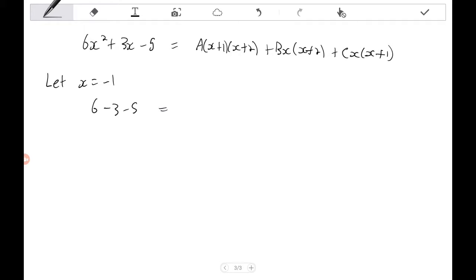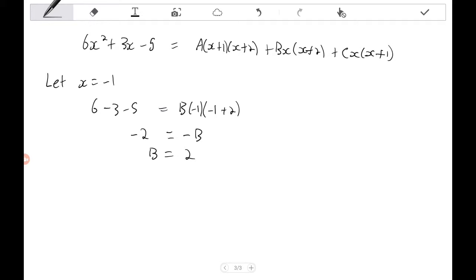Likewise, this bracket here goes to 0, so this whole term is 0. It's only this one that gets left, and we get b times minus 1 times minus 1 add 2. The left hand side is 3 minus 5, which is minus 2. So we'd have minus 1 times 1, which is minus 1, times b. Therefore b would be equal to 2.